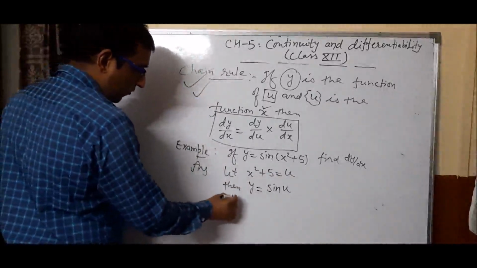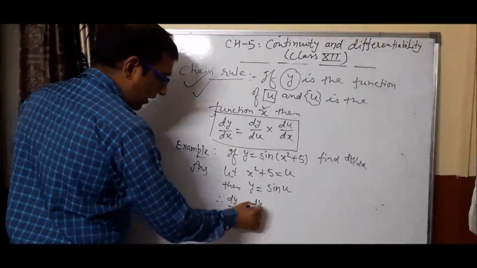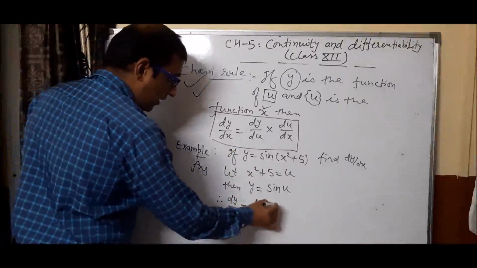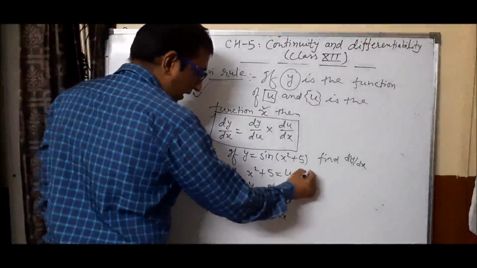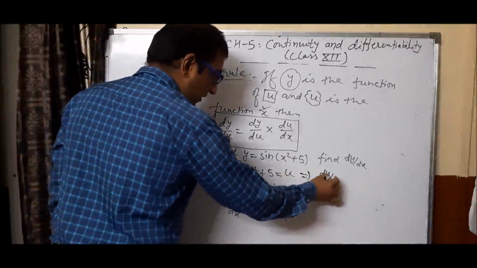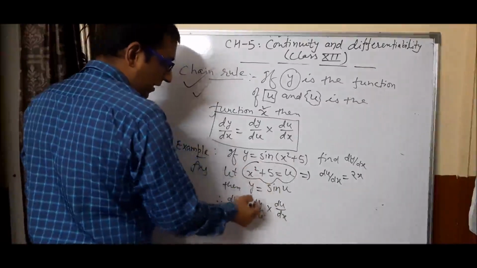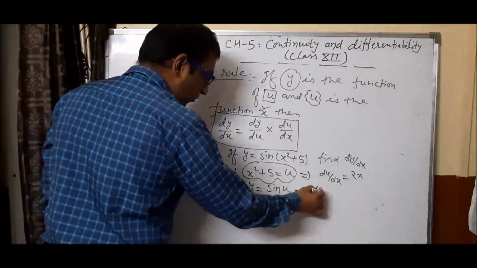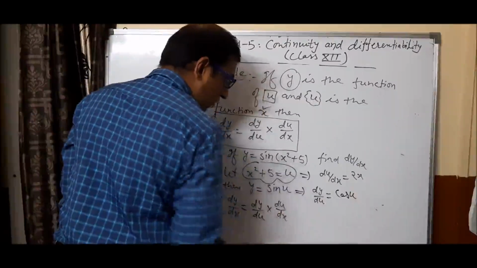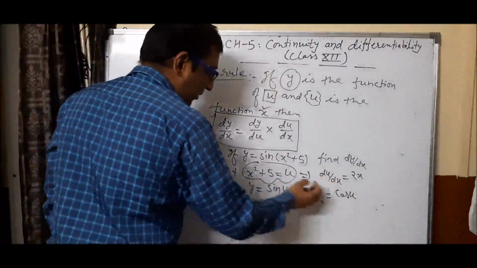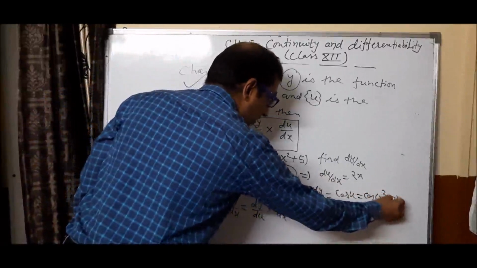Now we will come to the formula of chain rule. dy by dx equals dy upon du into du upon dx. So from here we will calculate du upon dx, this equals 2x if we solve it, and the value of dy by du we will solve from here, it becomes cos u, and if we put the value of u, that equals x square plus 5.